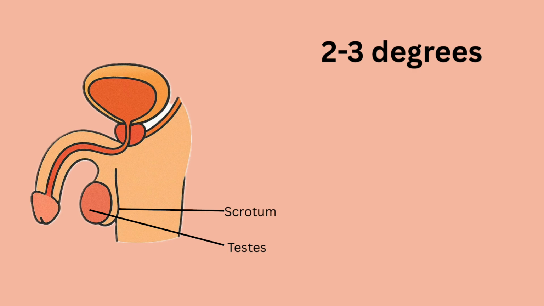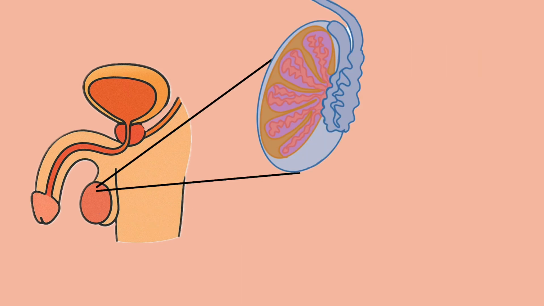The temperature is regulated by pulling the testes closer to the body in cold temperatures and away in warmer conditions. Inside the testes, sperm are produced through a process called spermatogenesis. This takes place in long coiled tubes known as the seminiferous tubules, which are lined with germinal epithelium cells, which produce spermatogonia cells.